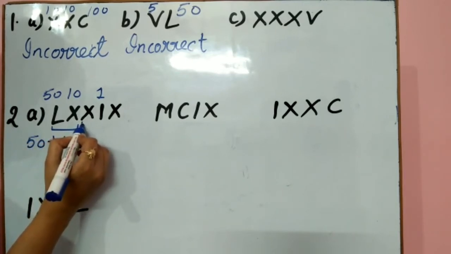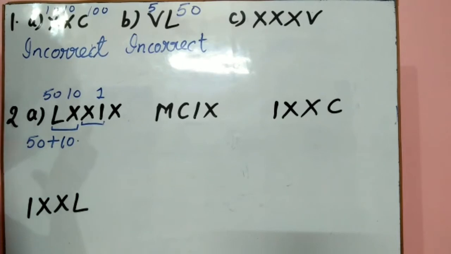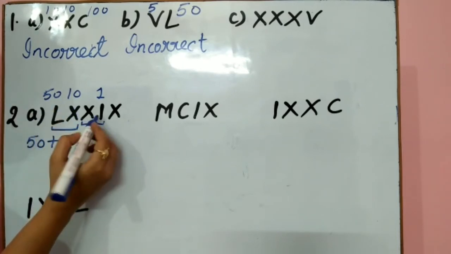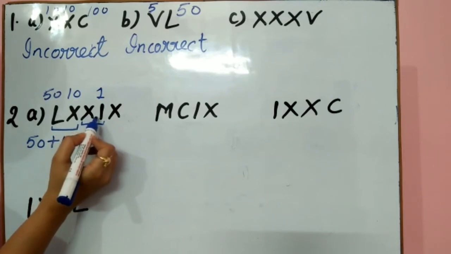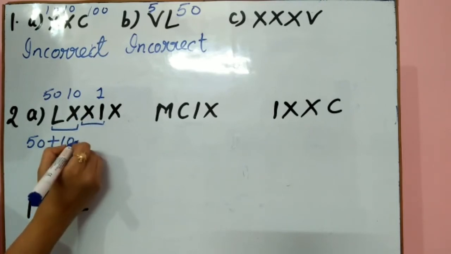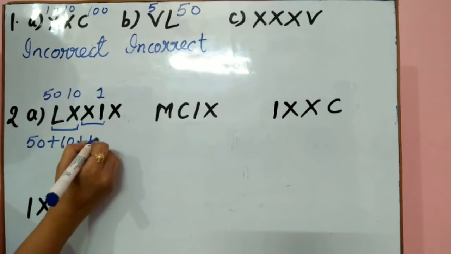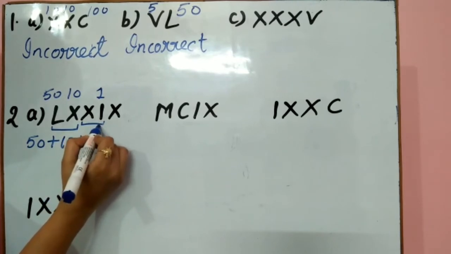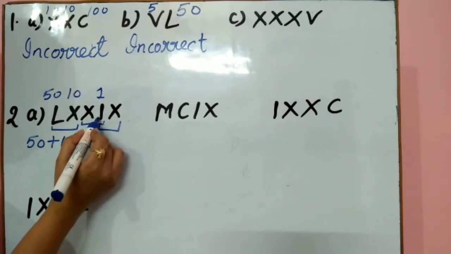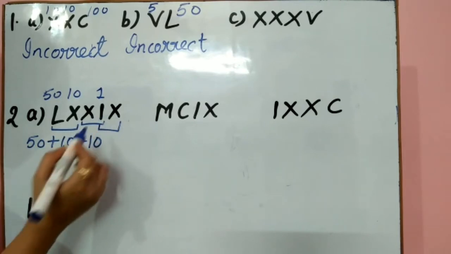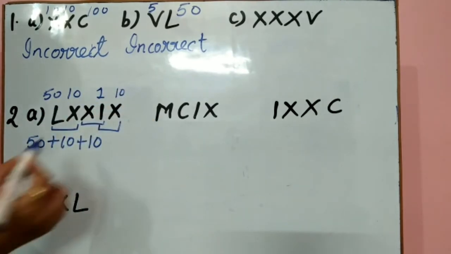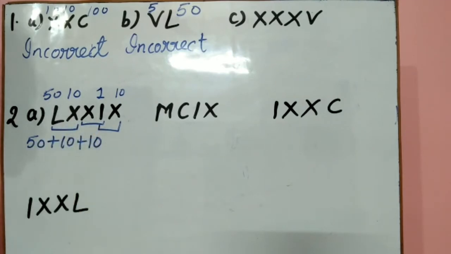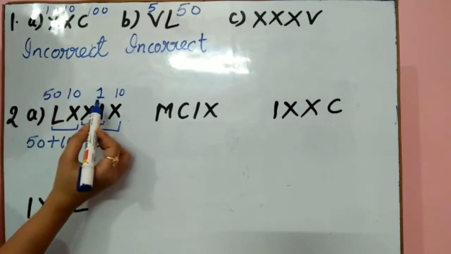Now, same here, I is written to the right side of X. Now we will see these two letters, I and X. X has value 10 and I has value 1.